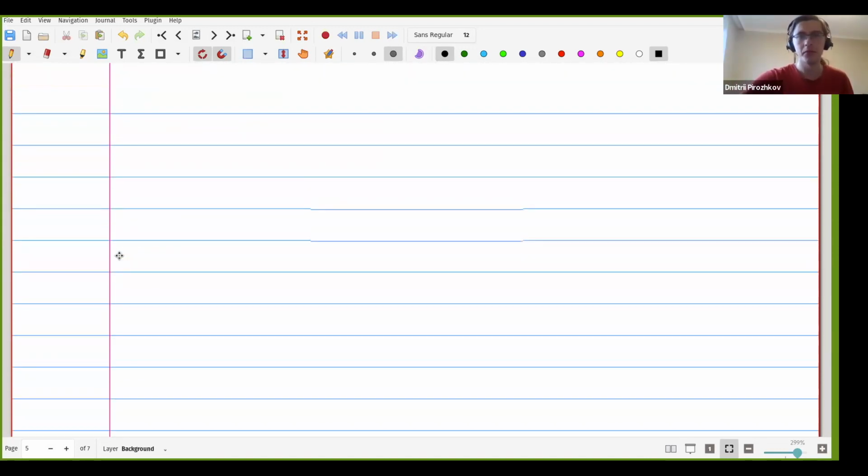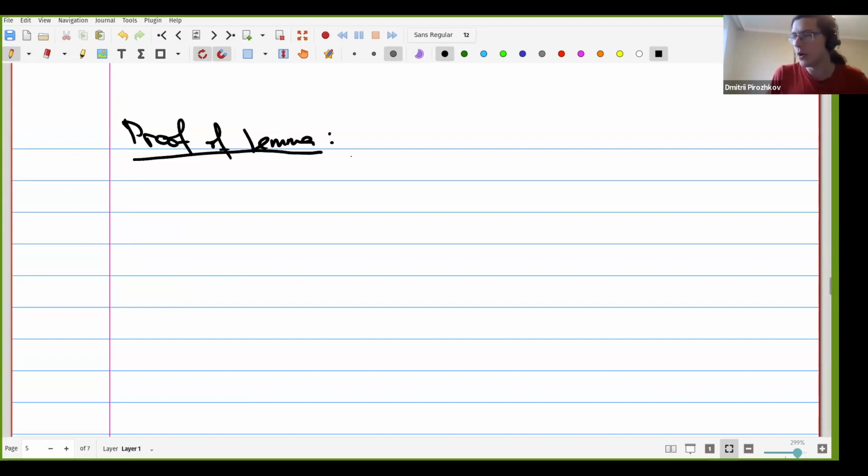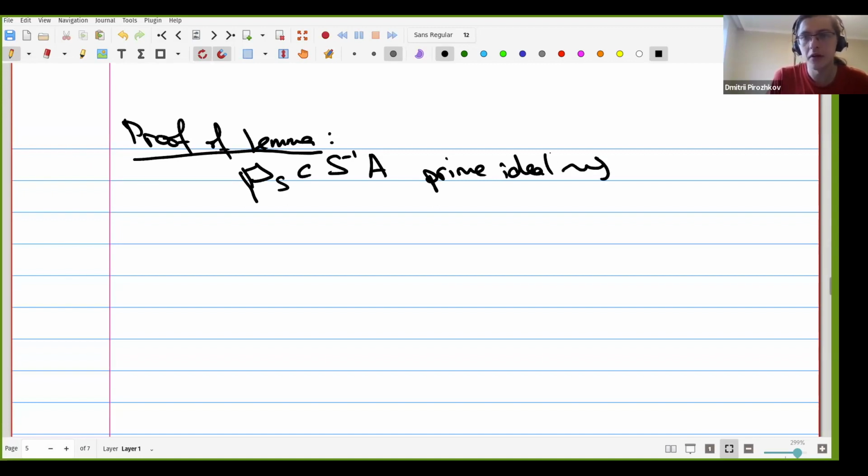So, okay, I wanted to give a proof of the lemma. If you have a prime ideal P_S in the localized ring, I can ascend it to a set of numerators.